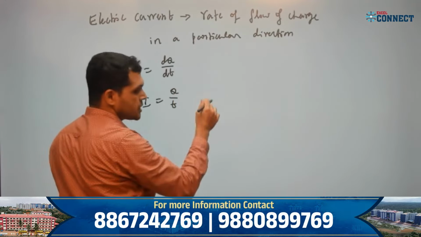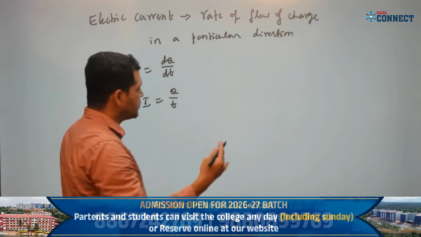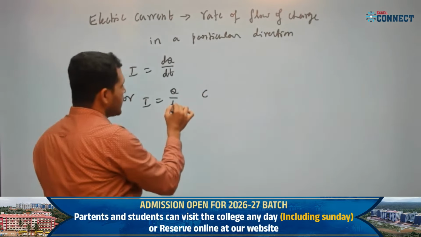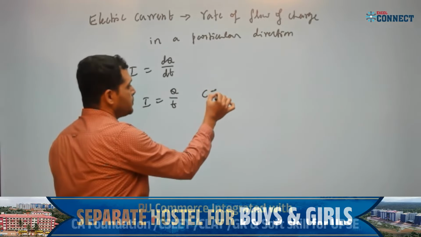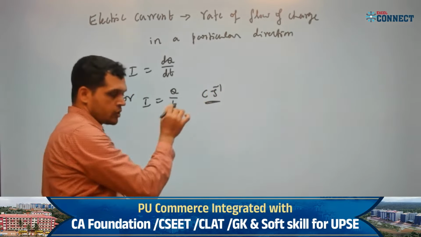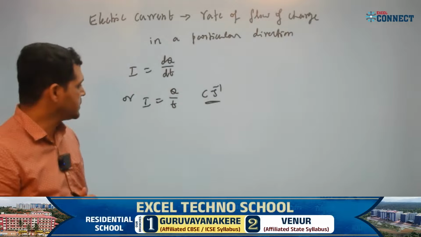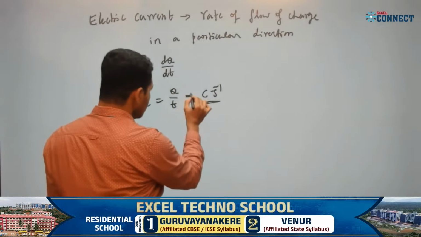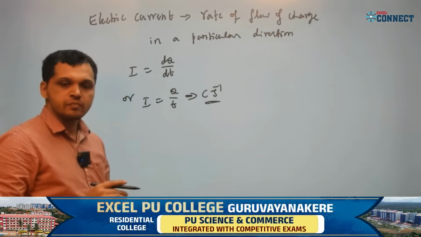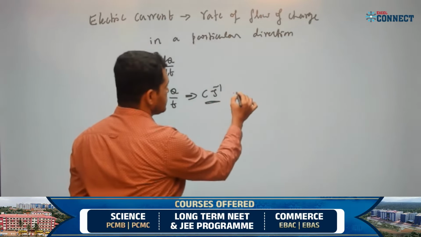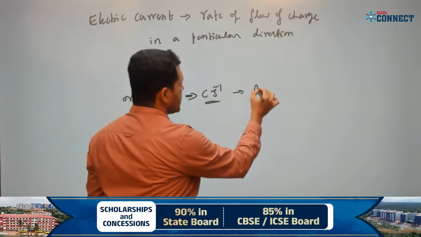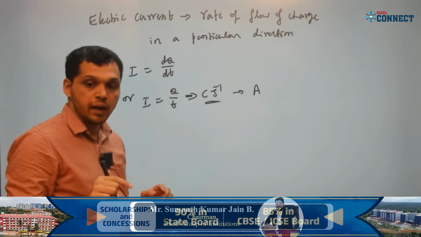The unit of charge is coulomb, and the SI unit of time is second, per second because it is in the denominator. This is the unit of electric current, and coulomb per second we define as ampere. Capital A is the symbol for ampere.